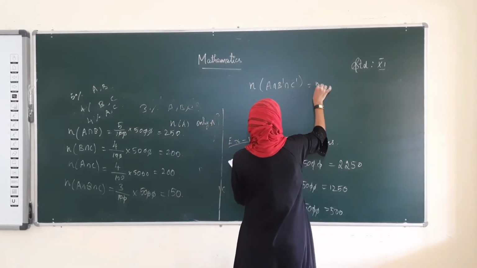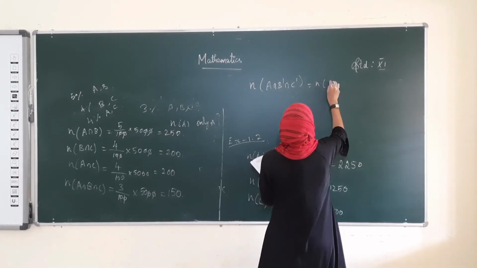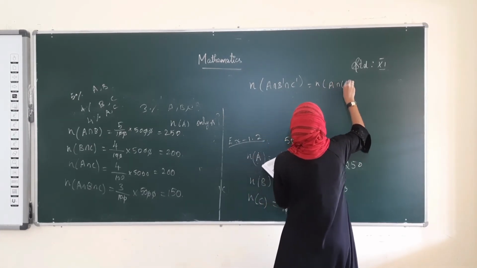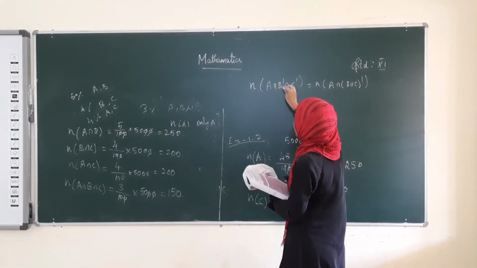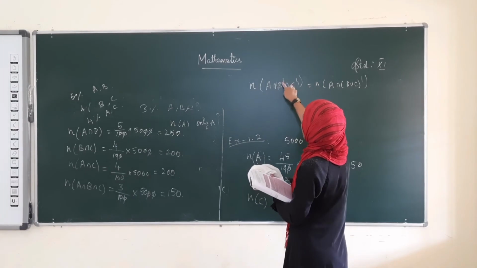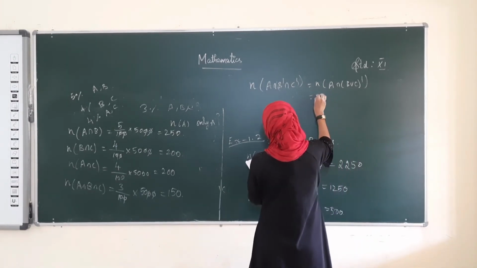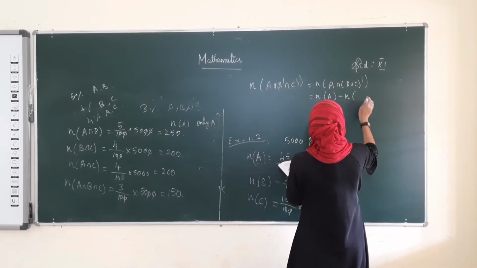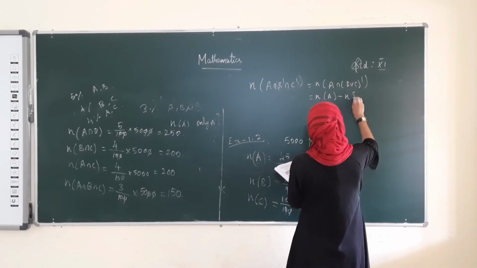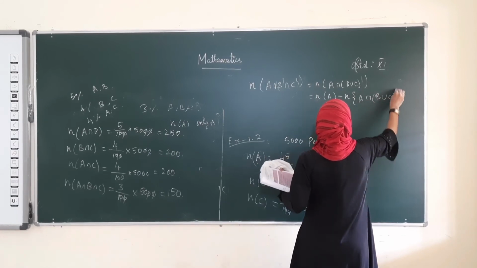Okay, now this can be written as A intersection (B union C) the whole dash. Am I right? This can be written as n of A minus n of A intersection (B union C).